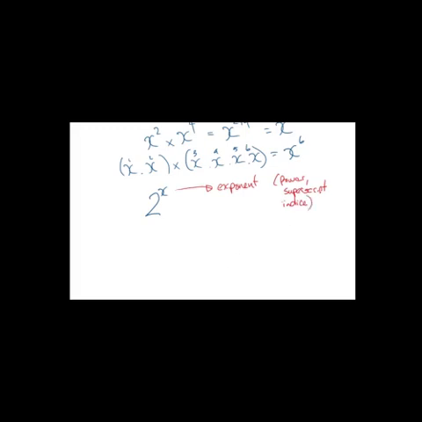But I'm going to call it exponent. The number down the bottom here, I'm going to call the base. So this would be base 2 raised to the x power, the x exponent. Okay, so far so good.